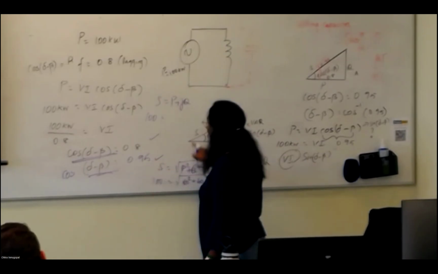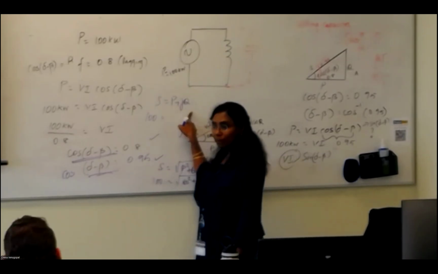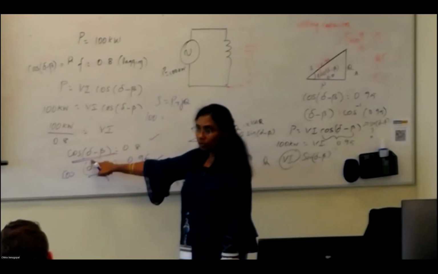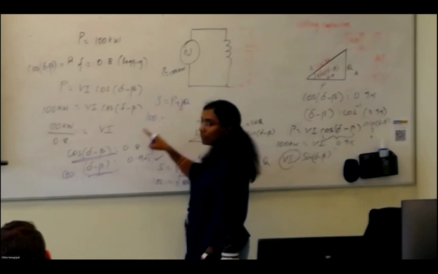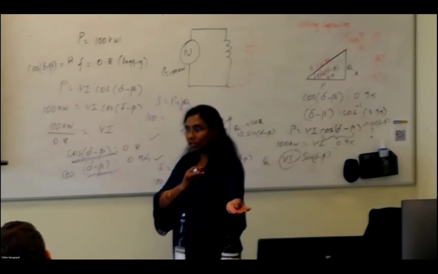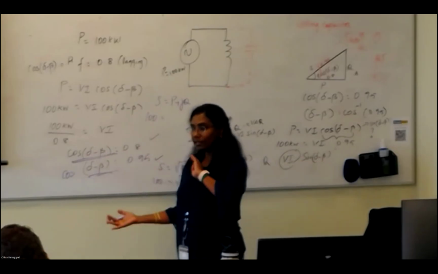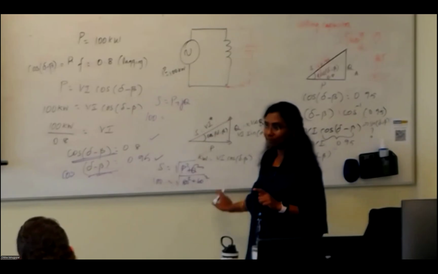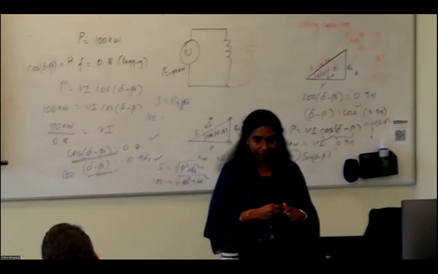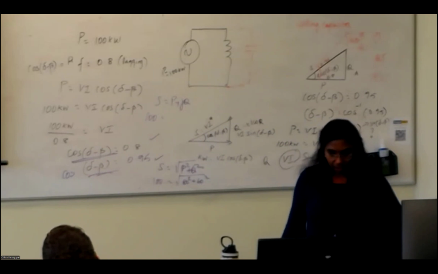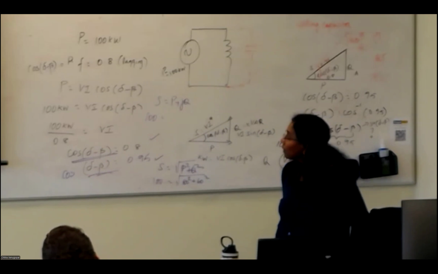Or you can go through this S equal to P plus jQ, where P equal to VI cos θ, Q is VI sin θ. Take VI common out, cos θ plus j sin θ, perform the trigonometry, and you can get this relationship. Okay. So is this example clear?